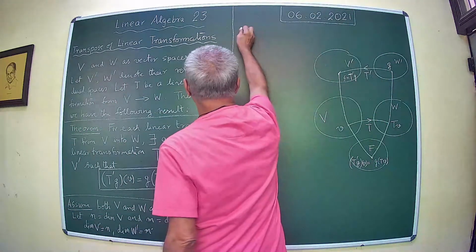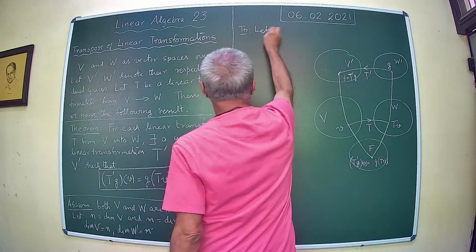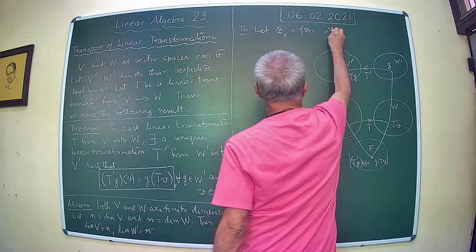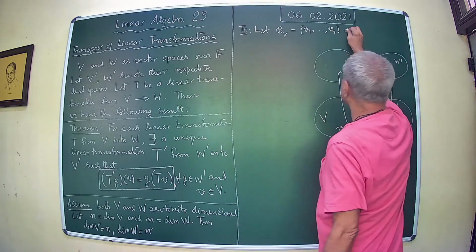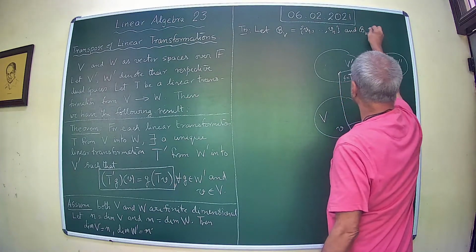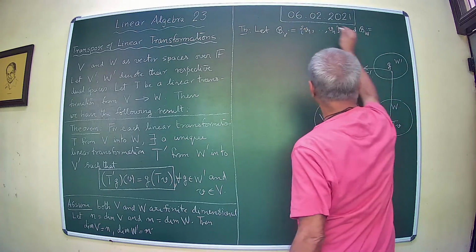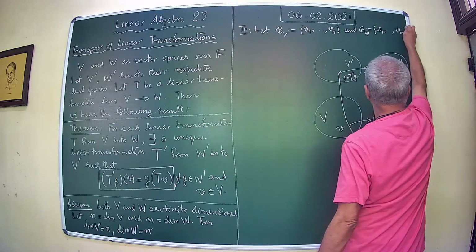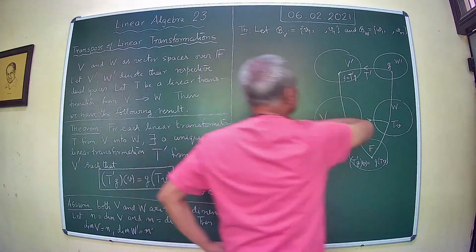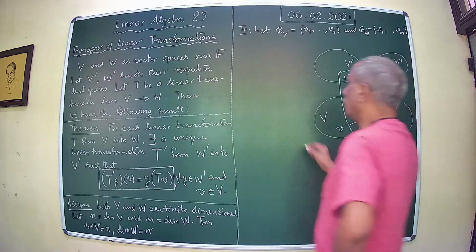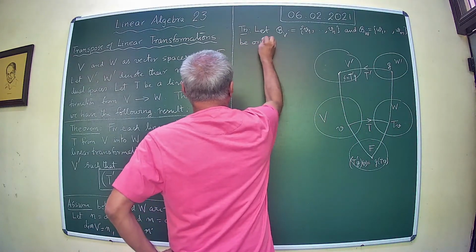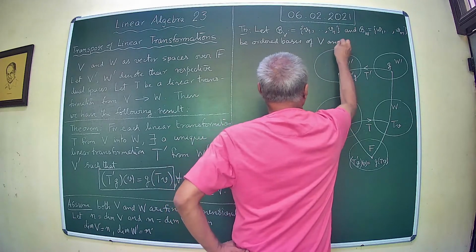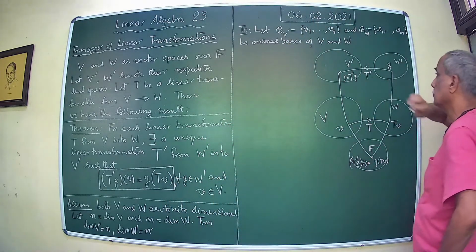So here, let BV equal to V1, V2, etc., Vn, and BW equal to W1, W2, etc., Wm, be ordered bases of V and W respectively.